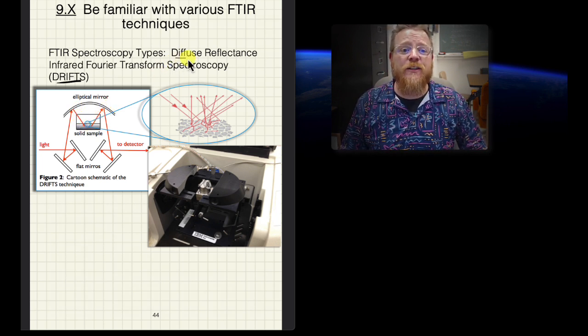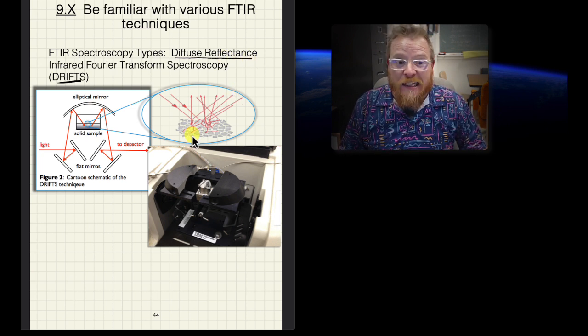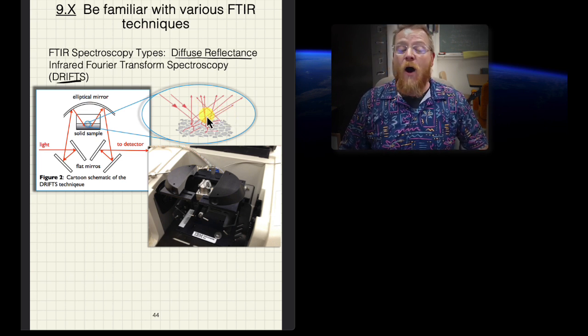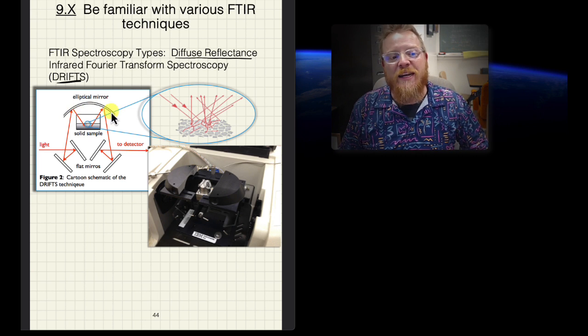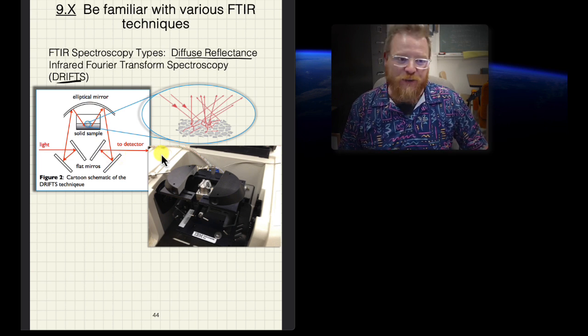It is called the diffuse reflectance technique because our sample is typically not atomically smooth, so we get all of these random diffusely reflected beams coming off of the sample, and that's why we need this elliptical mirror to focus all of those stray beams back onto our detector.